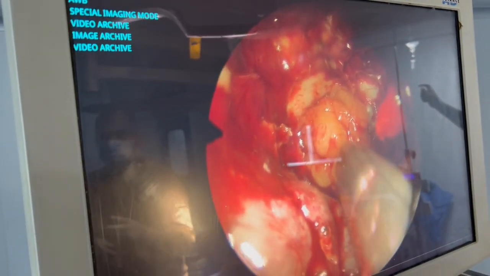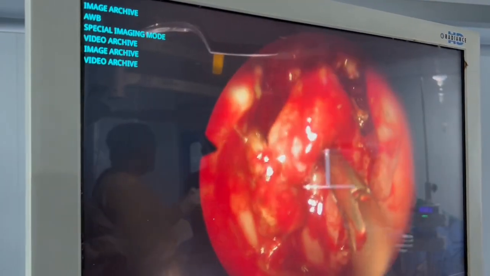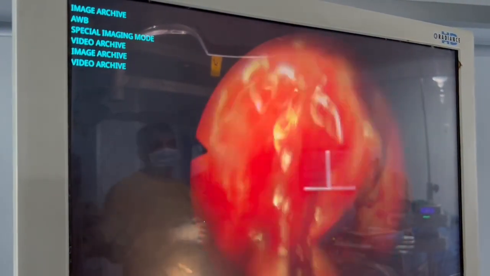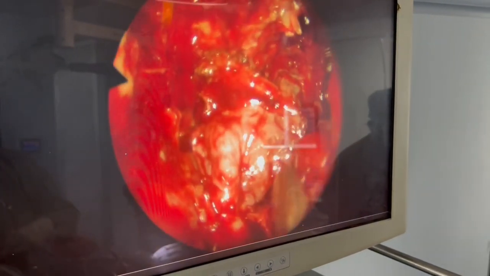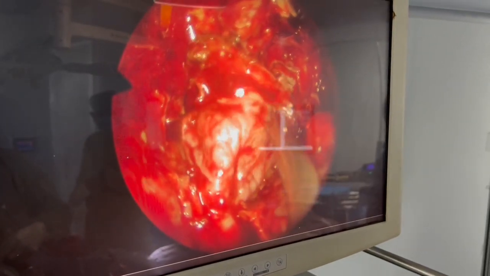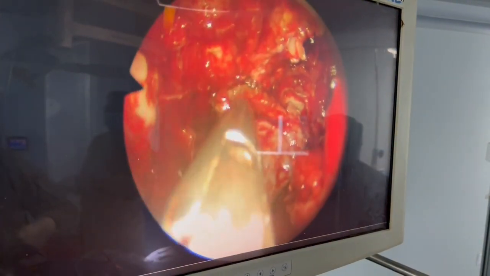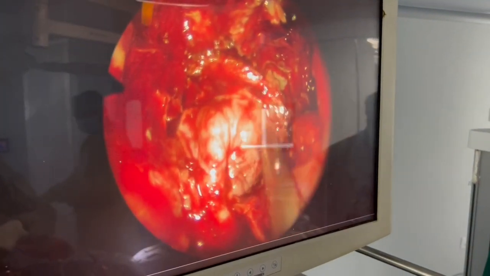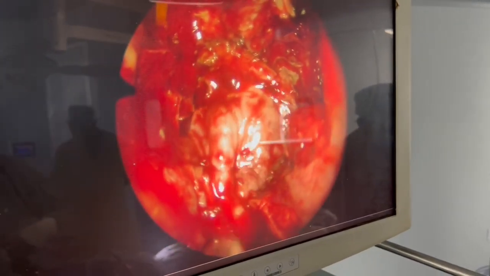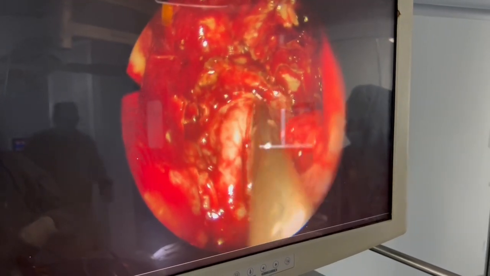This repair, a complete watertight or airtight closure, should be done for prevention of CSF leak. You see I am putting this nasoseptal flap, that is the Hadad flap, on the fat surface. After that we will put the Floseal and Merocel packing. Thank you so much.